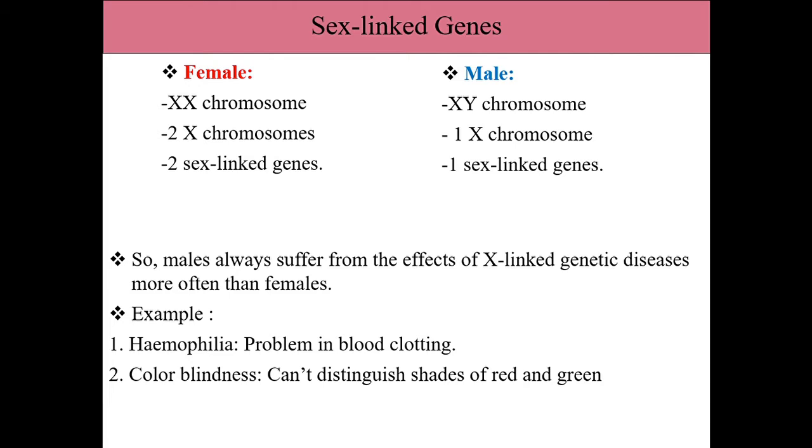Meanwhile, for color blindness, the individual cannot distinguish shades of red and green. They cannot distinguish colors like normal people. While these genetic diseases can affect both male and female, they are more common in males. Meanwhile, for females, it's much rarer.